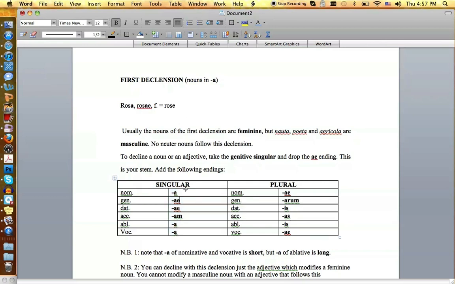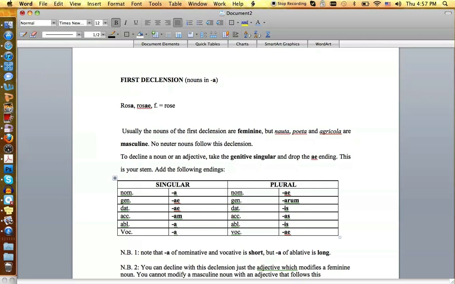Okay? What does this mean? Rosa is the subject, like a rose is beautiful. Rosae, genitive, means of the rose. Rosae, dative, means to the rose or for the rose. Rosam is used when rose is a direct object.